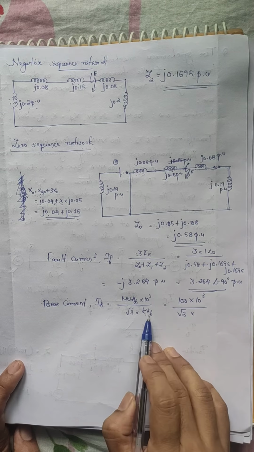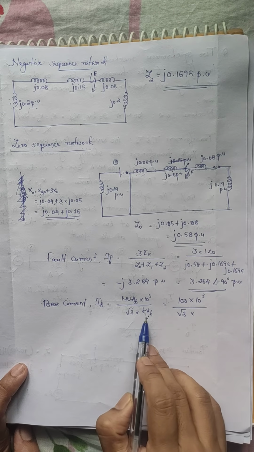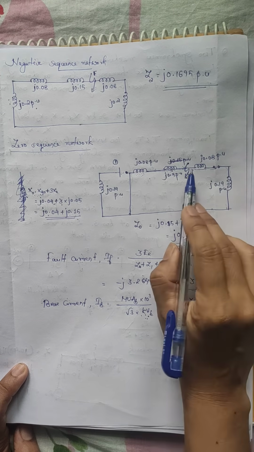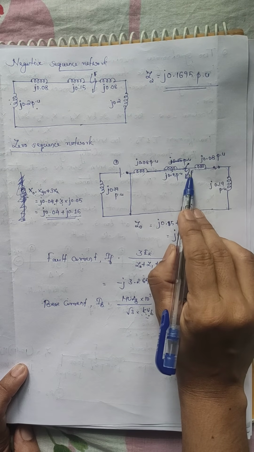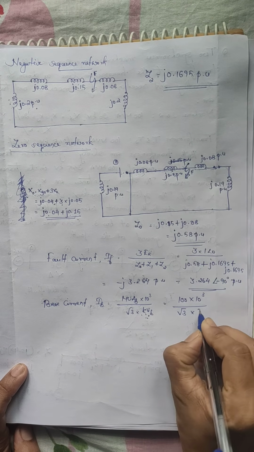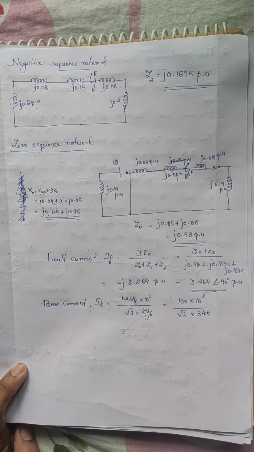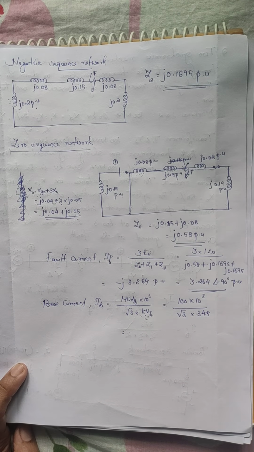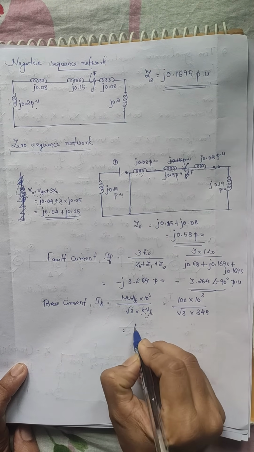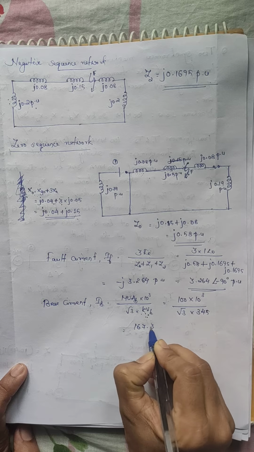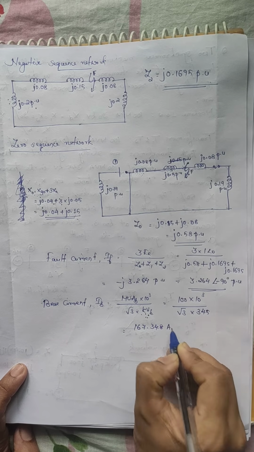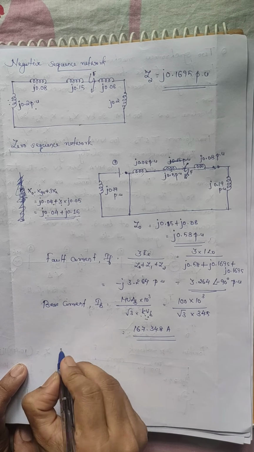While taking the kV base, we have to take the base kV at the fault point. The fault was on the transmission line, and there the base kV was 345. On solving this, we get the base current as 167.348 ampere.